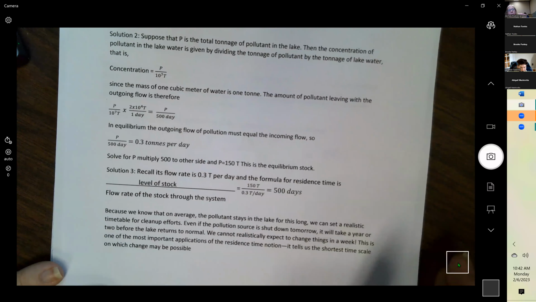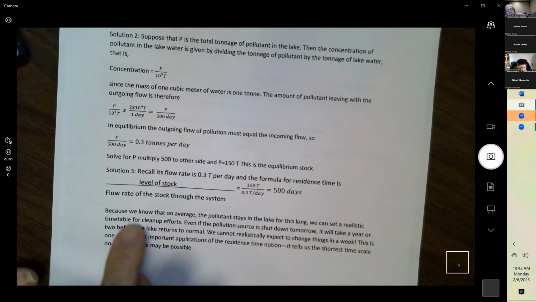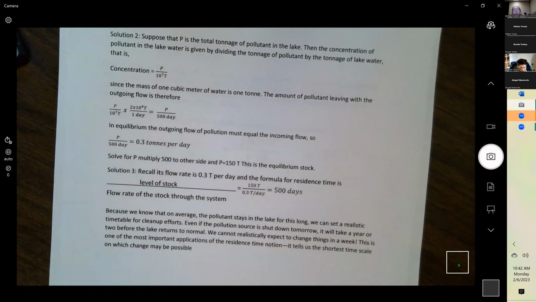The reason these are important is because if we know on average how long a pollutant's going to be in a lake, then we can set realistic timetables for cleanup efforts. Even if the pollution source is shut down tomorrow, it's still going to take a year or two, because it said 500 days to get everything out of the lake until it returns to normal.